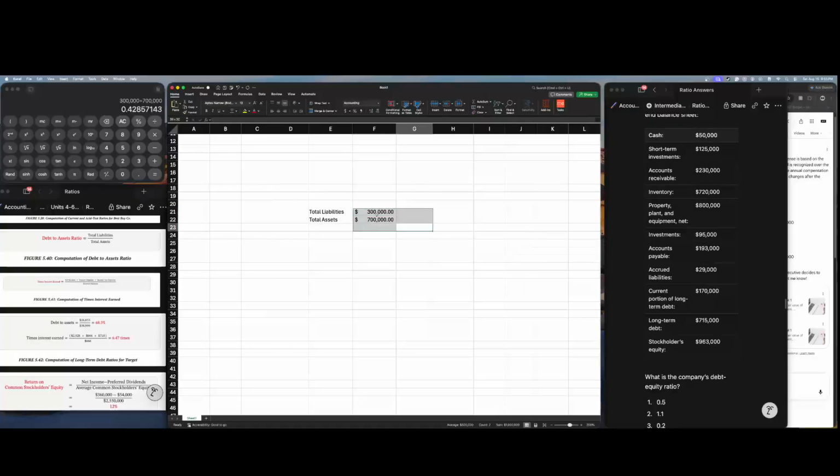Debt to equity, on the other hand, would be total liabilities divided by total stockholders' equity.